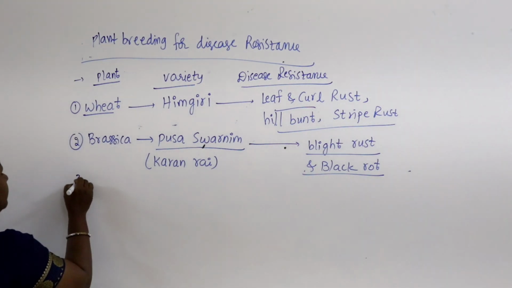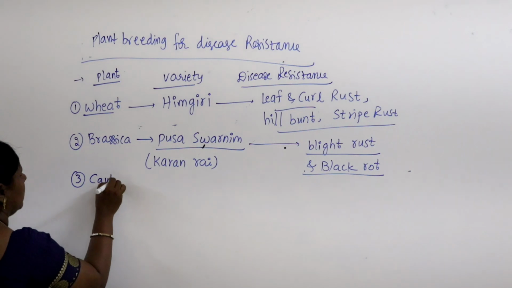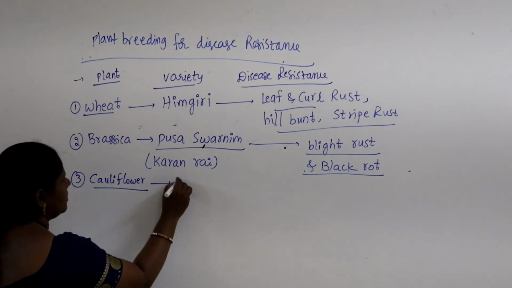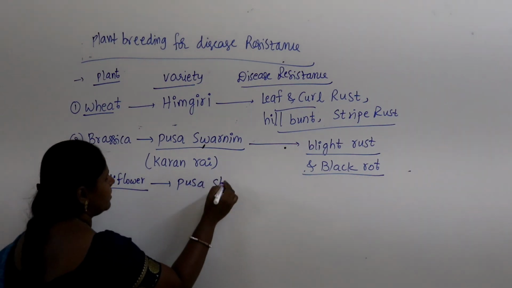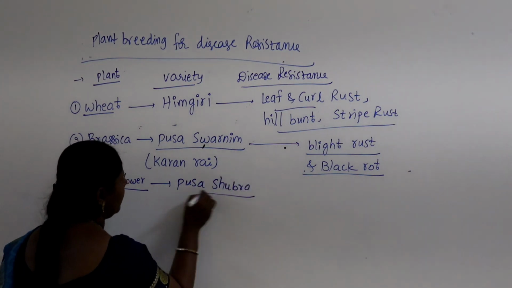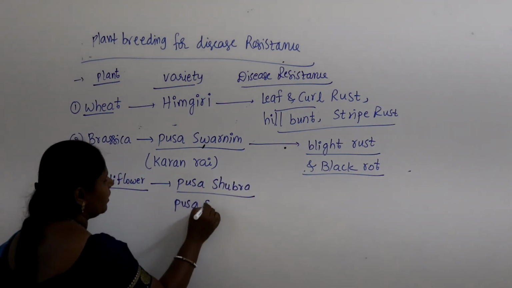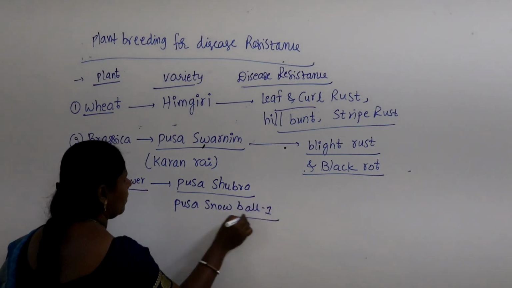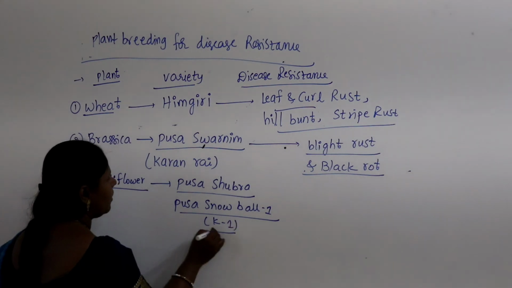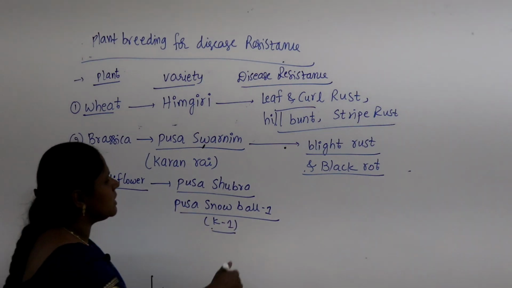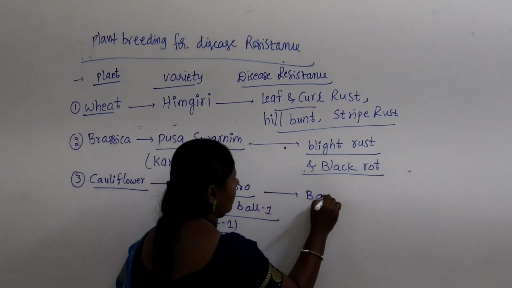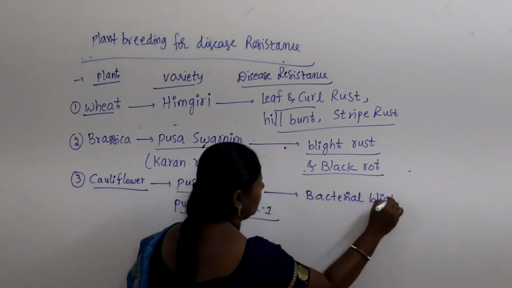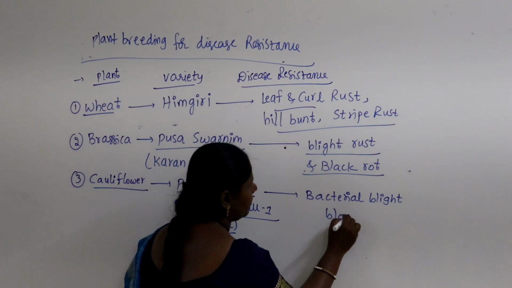Next, we can take the cauliflower. This is referred to as Pusa Shubhra, and the other variety that is created is called Pusa Snowball K1. Now this shows resistance to bacterial blight and black rot.